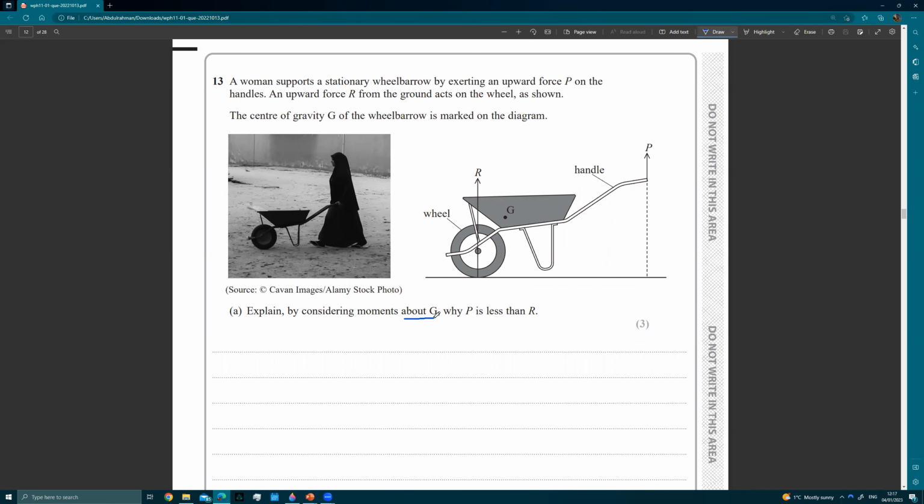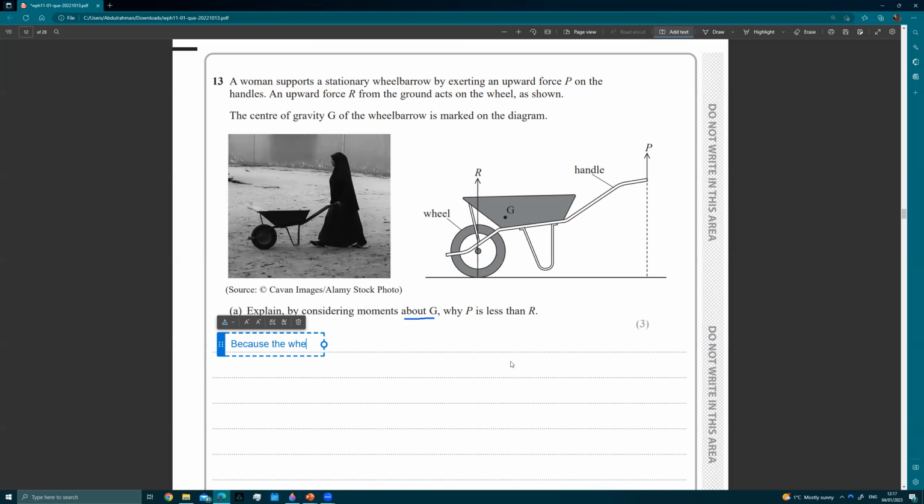So every time you see the word "about" with something else, whatever that something else is going to be your pivot. So why must P be less than R? Well, you're going to start by saying, because the system's in equilibrium, or because it says in the question, a stationary wheelbarrow.